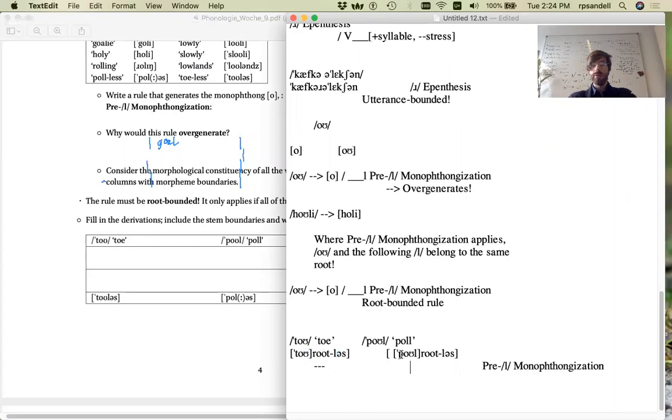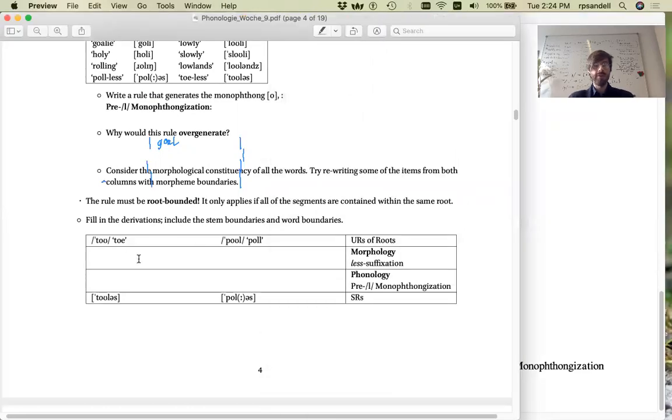But in the sequence poleless, on the other hand, the L and the diphthong do belong to the same root, and consequently, the monophthongization rule does apply, and thereby we obtain the expected forms, namely toeless with diphthong O, but poleless with monophthong O.